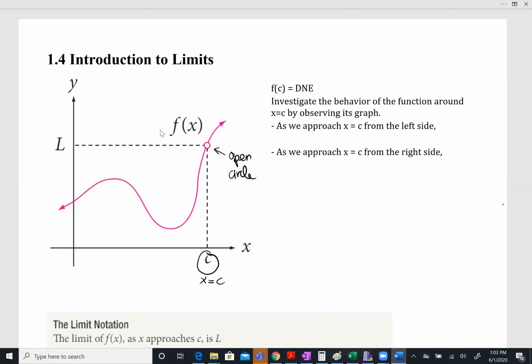from the left side, if I go along with the graph, right?